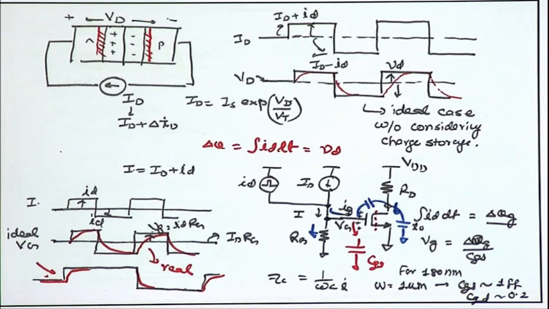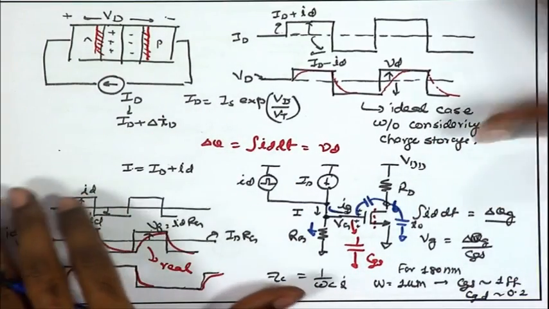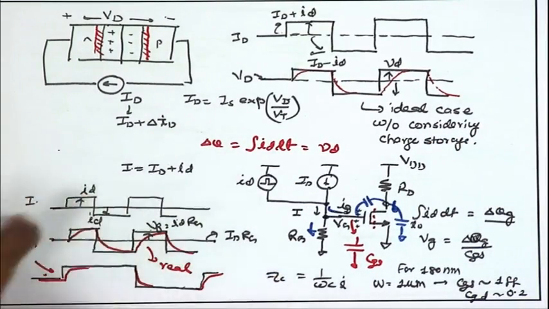Another question: if CGD is 0, what happens to the charge conservation? Conservation is not violated. If CGD is 0, you are just saying that the overlap length is 0.